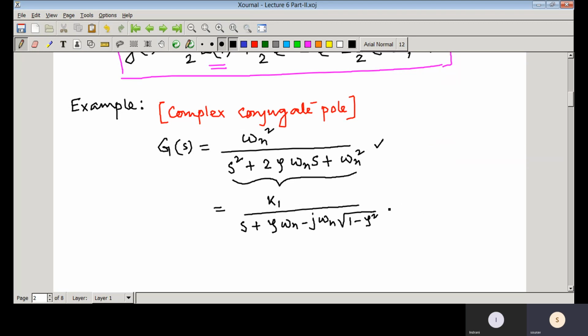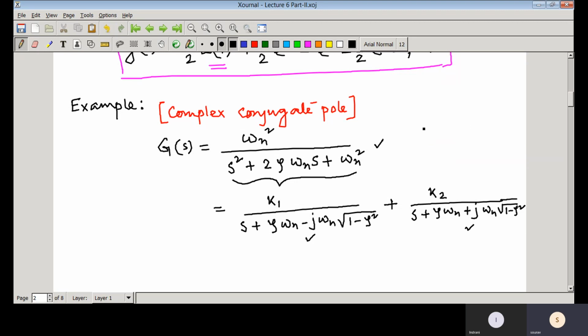So this is one pole, and another pole is k2 over s plus zeta omega n plus j omega n under root 1 minus zeta square. So you have that pole s equal to minus zeta omega n plus j omega n root 1 minus zeta square.